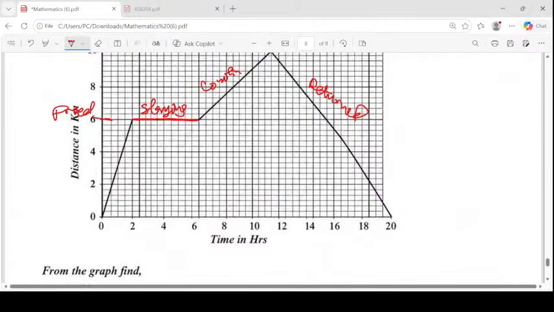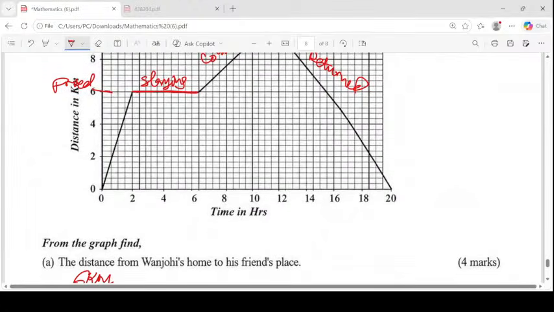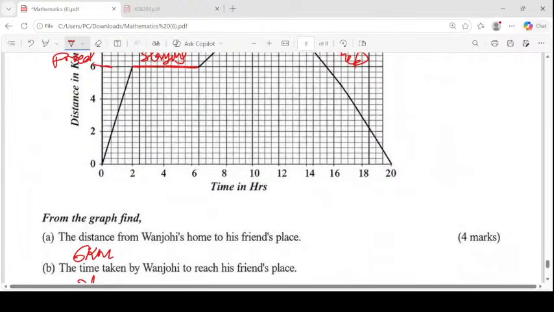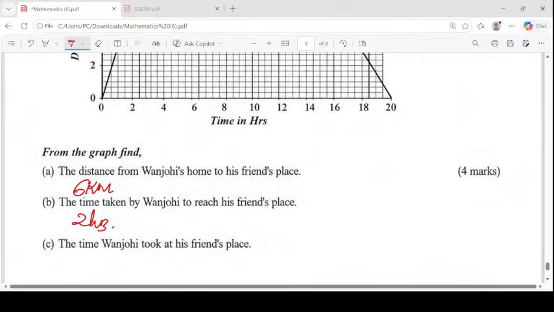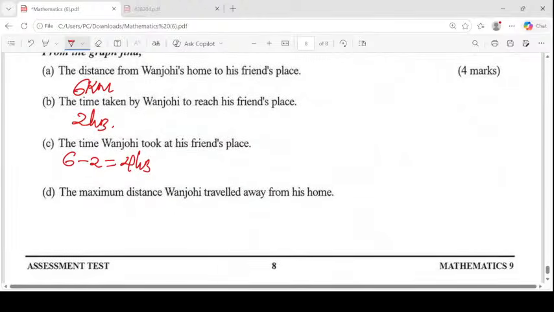From his friend's home, that is 6 minus 2. That should be 4 hours. 6 minus 2 to give you 4 hours. The maximum distance Wanjohi traveled away from his home.